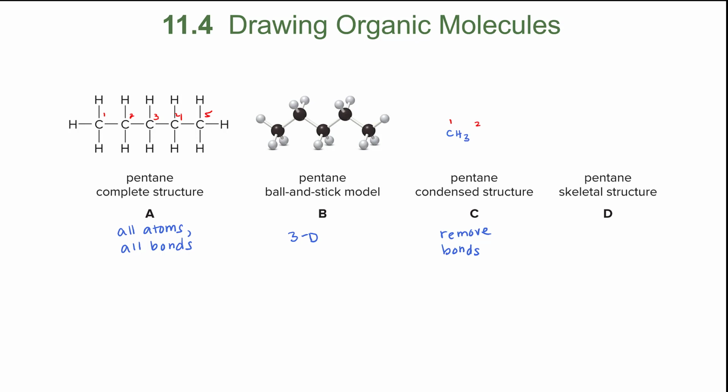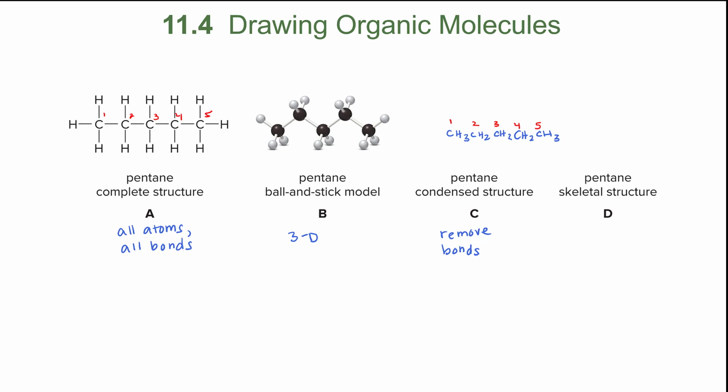Number 2 has 2, so this is CH2. Number 3 is CH2. 4 is CH2. And then 5 is CH3. Okay, so that is one way to do a condensed structure.